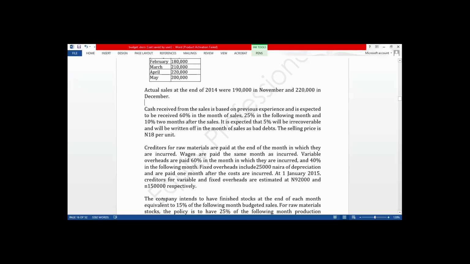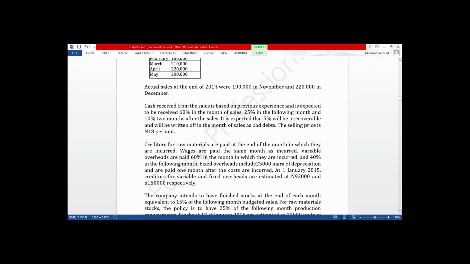That means the creditor for variable is what? As at 1st January, the creditors for variable overhead means the variable overhead was incurred in December 2014 to be paid the following month. The month after December is January. We are going to pick that figure.